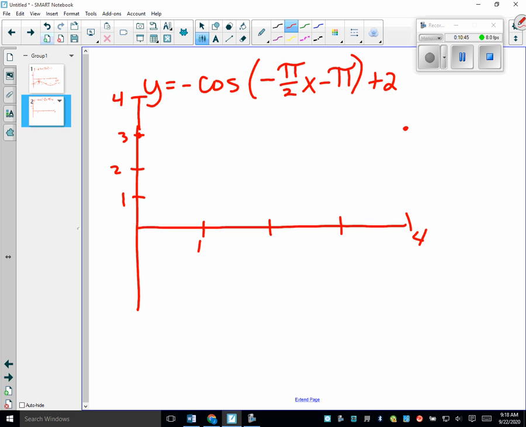That's why I marked it now. What's 1? 2. Do you agree? Yes. And 2? 1. And 3? Must be back to 2, huh? Yeah. So it's a curve, it is not a straight line. So it looks something like that.